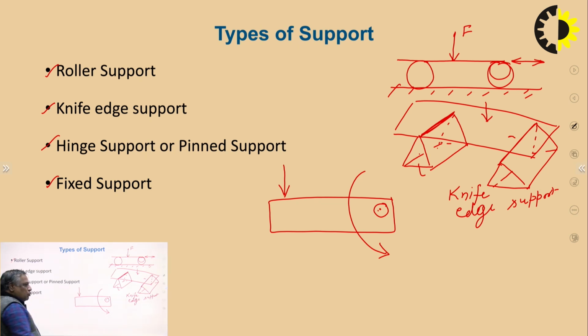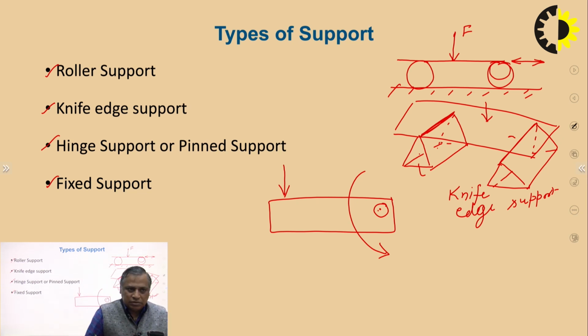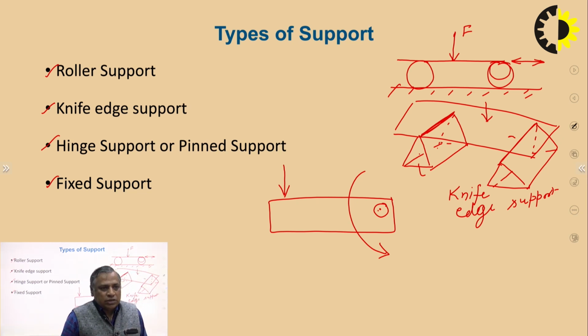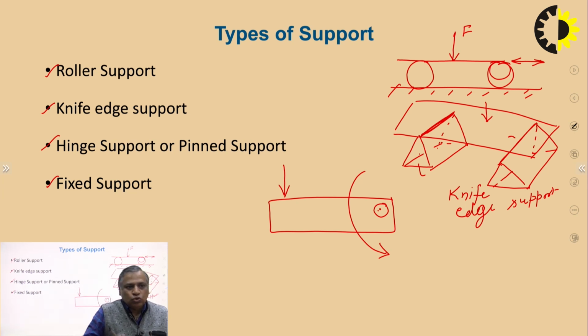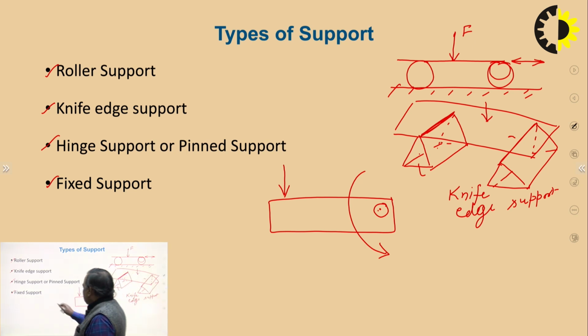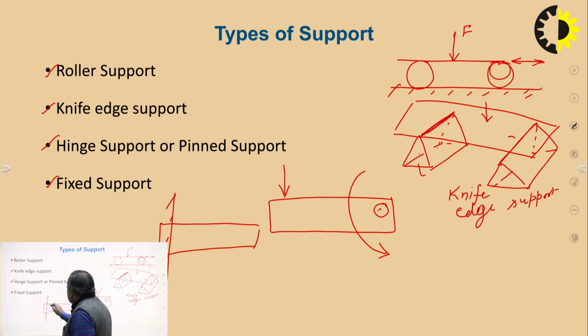Now the fixed support. If you put some element grouted in the wall, for example, then this support is a fixed support. It will allow neither movement nor rotation of that element. That is called the fixed support. Like this is a wall. If you put something here like this, then this support is a fixed support.